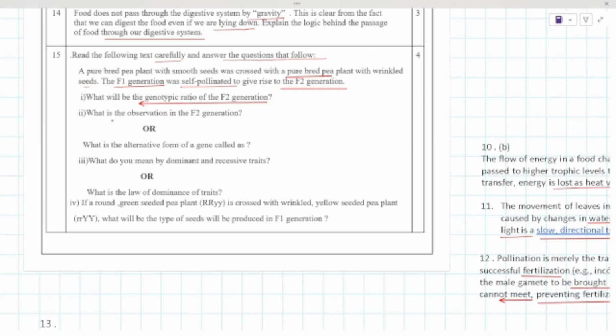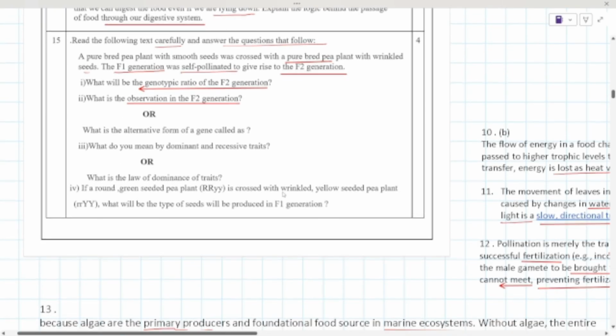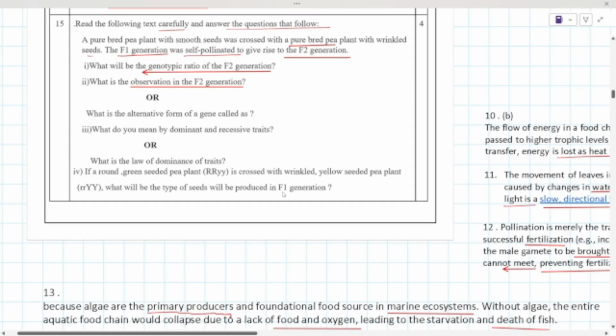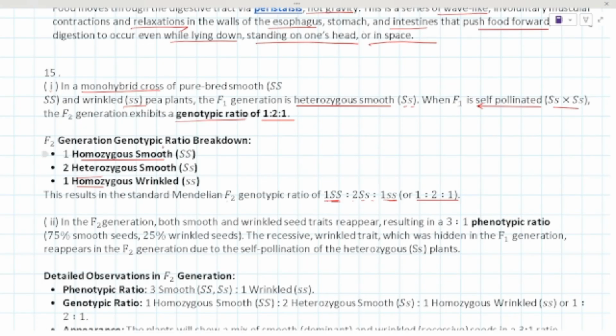What is the observation in the F2 generation? Tell me. Okay, let's see here the explanation.